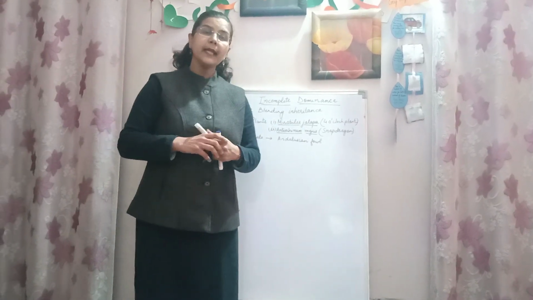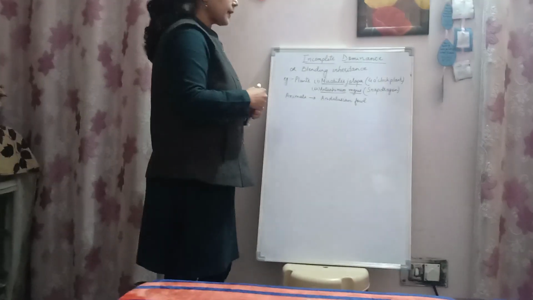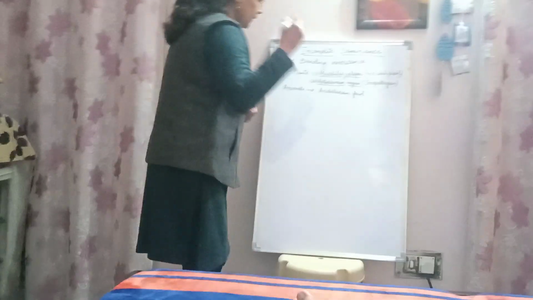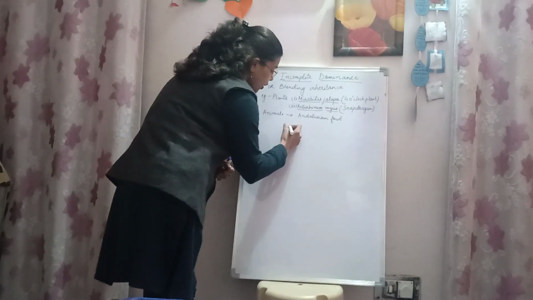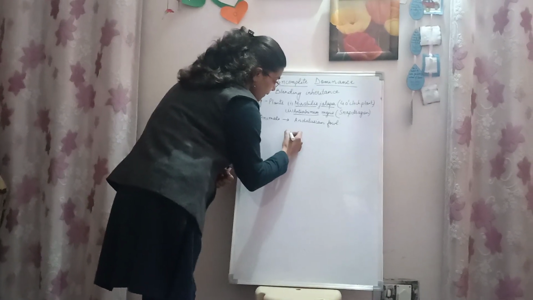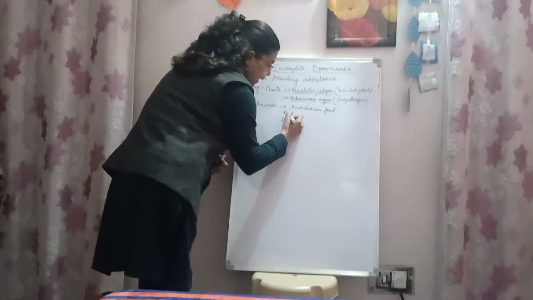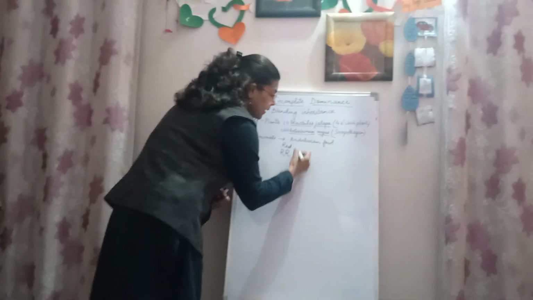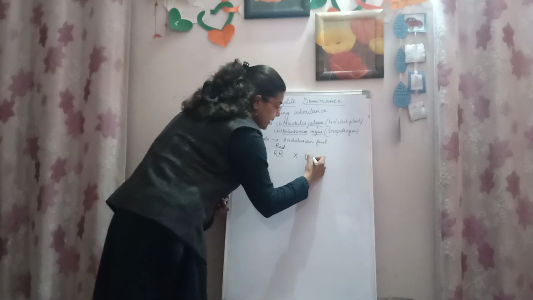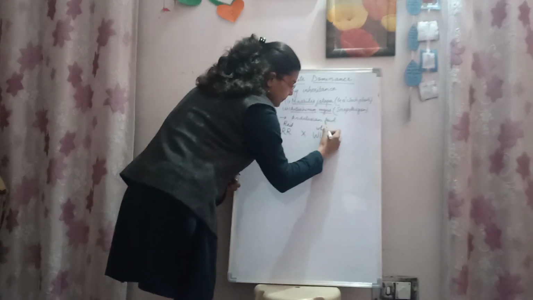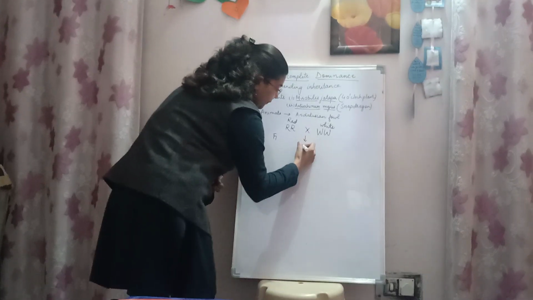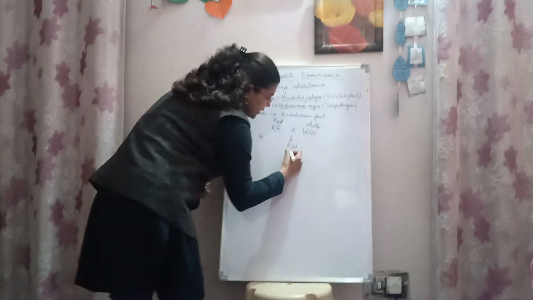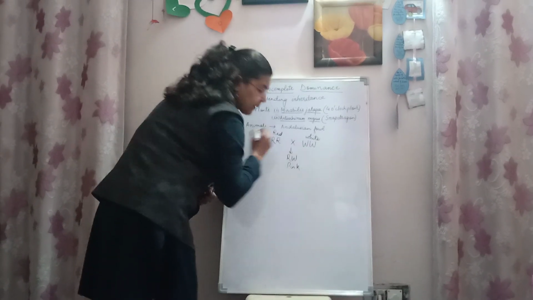So to explain incomplete dominance, I take the example of Mirabilis jalapa. Now there are two plants. Say if I cross a pure red flower colored plant with a pure white colored flower plant, so in the F1 we get a plant which is pink, right?